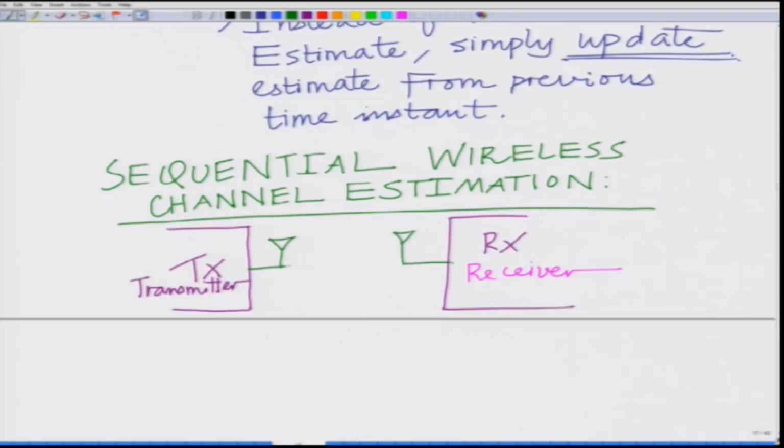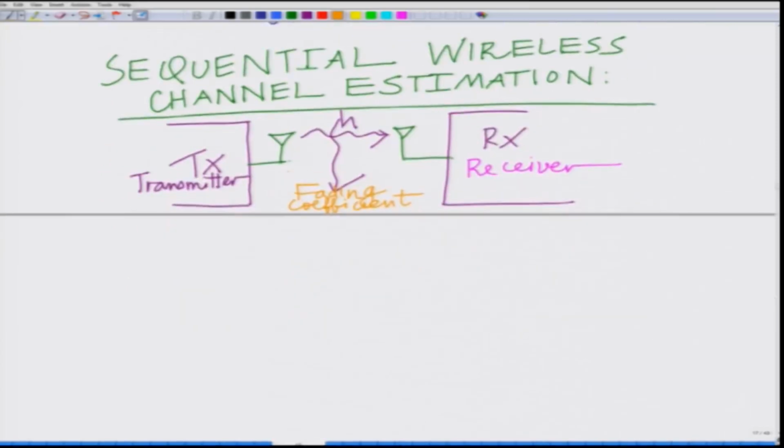The channel between the transmitter and receiver is represented by the fading coefficient H, as you might remember from the previous modules.